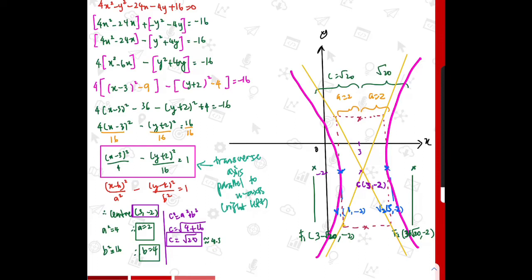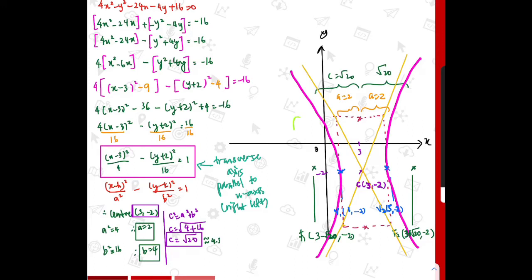So using all of this information, straight away open your x-axis, y-axis, and origin. Put in our center. Put in our vertices following the value of a. Put in our foci following the value of c. And we can find our co-vertices following the value of b.